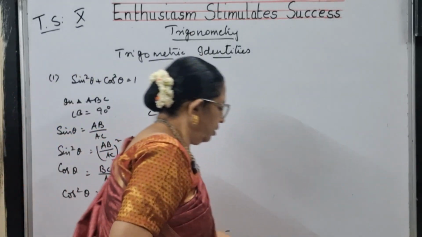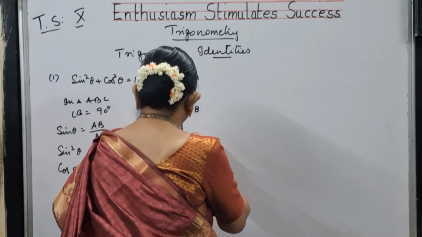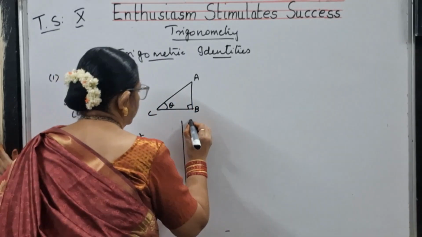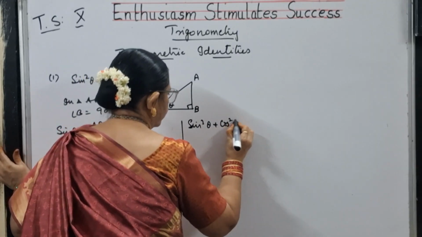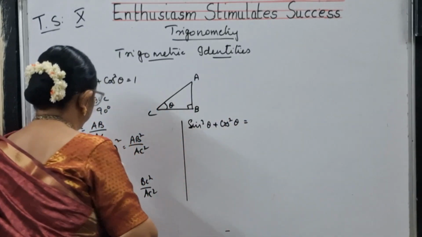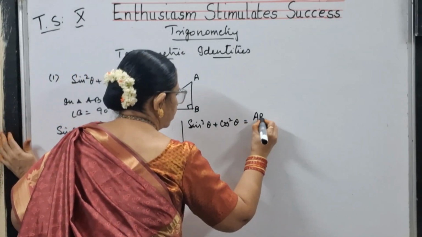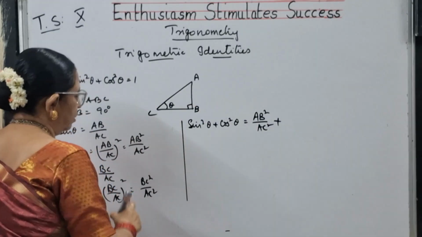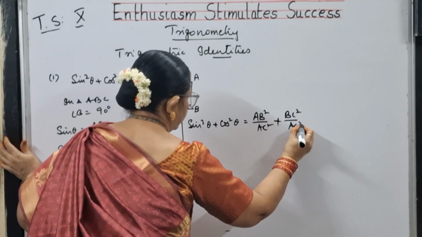Now let us take sine square theta plus cos square theta. This is equal to AB square by AC square plus BC square by AC square.